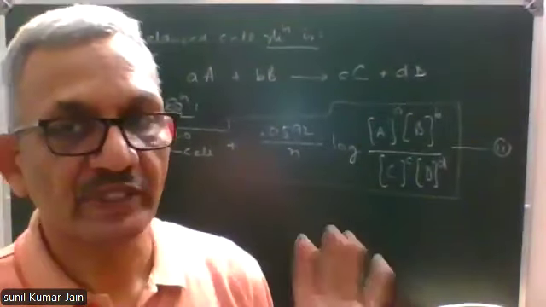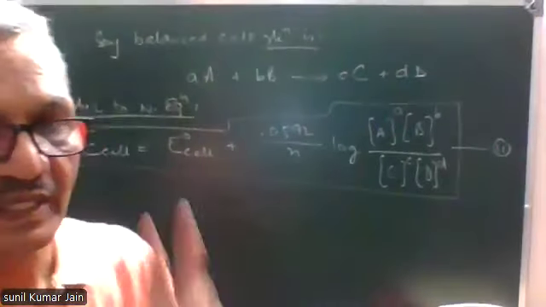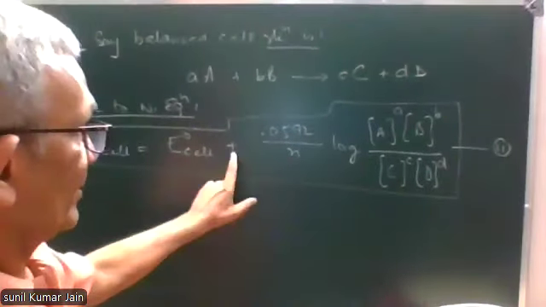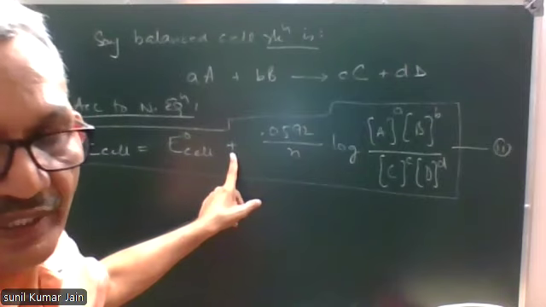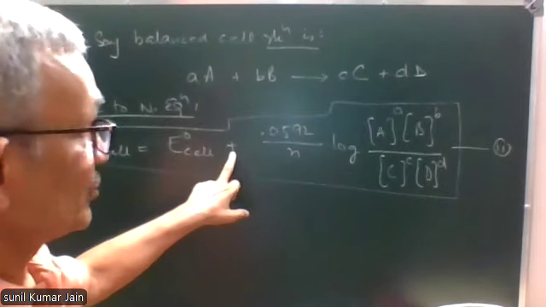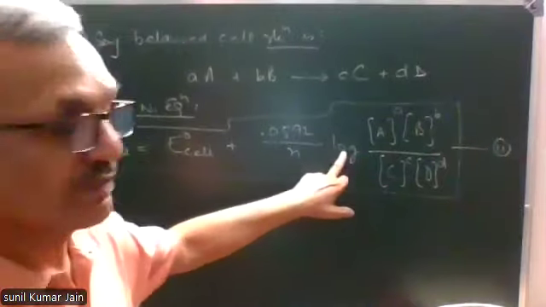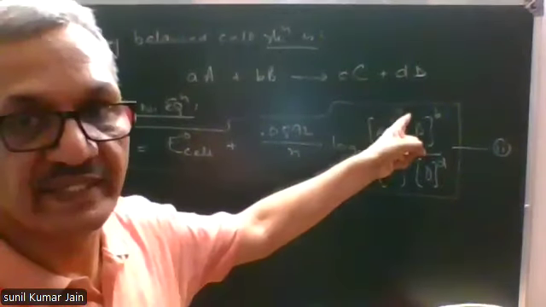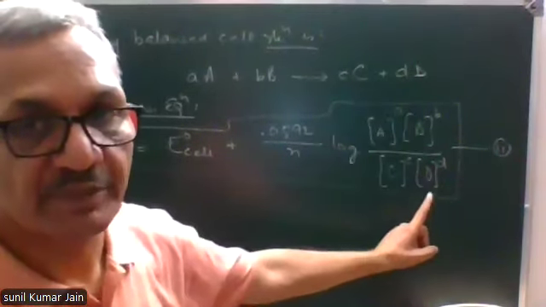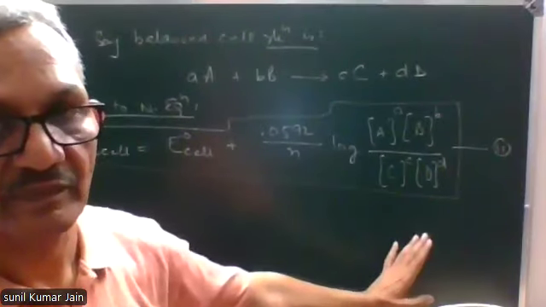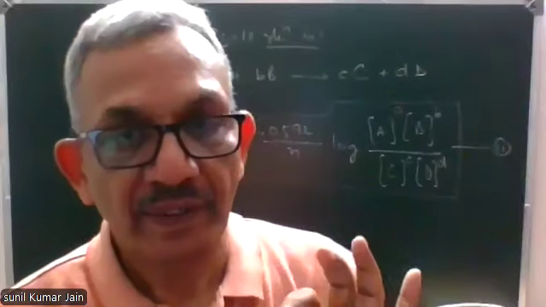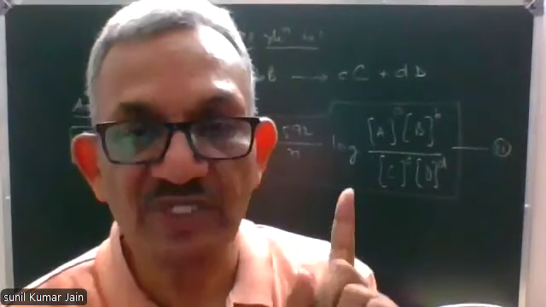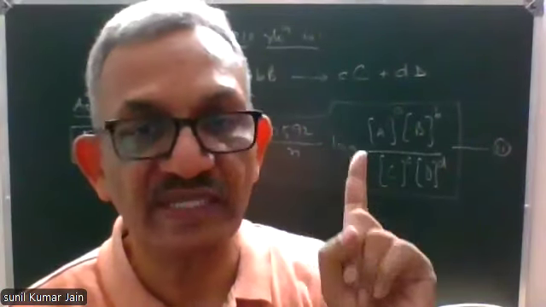Very important equation. Again, if you are used to a negative sign here, go ahead, doesn't matter. But if you're using negative, it will be log of C to the c, D to the d in the numerator, and A to the a, B to the b in the denominator. I have written this equation on the basis of a balanced cell reaction.